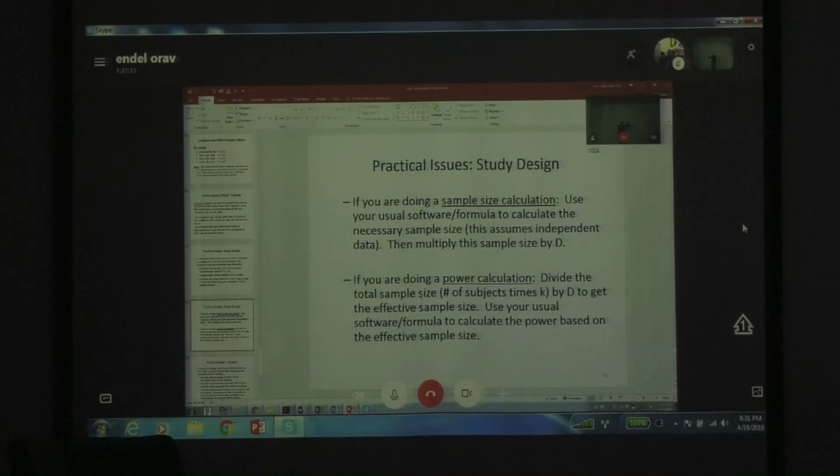But each person has 2 measurements, so 135 divided by 2 is 67.5. Thank you. 67.5 people, call it 68 per group. Okay. Perfect. So instead of having to have 90 people per group measured once, you can get by with 68 people per group measured at 6 and 12 months.